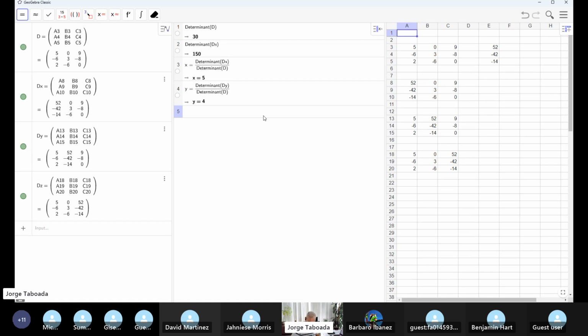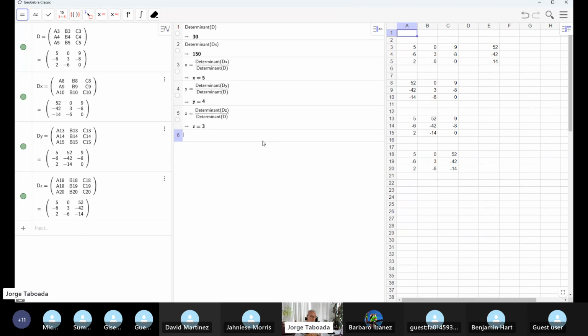Okay, and what about this z? Z is equal, again, determinant of DZ divided by, no enter, it's division, determinant, no, I misspelled, determinant of D. Enter now, it's 3.